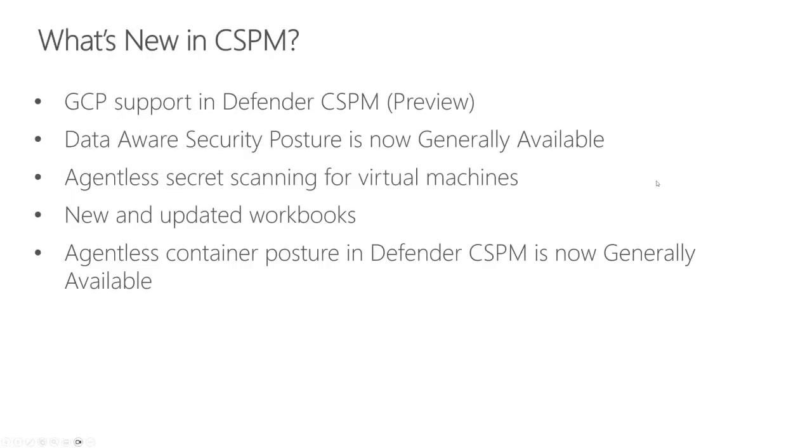All right, so here's what we have today for the Cloud Security Posture Management piece. First, we're going to discuss the Defender CSPM support for GCP Cloud, which is currently available in public preview. Then we're going to talk about the data-aware security posture capabilities in Defender for Cloud that are now generally available.